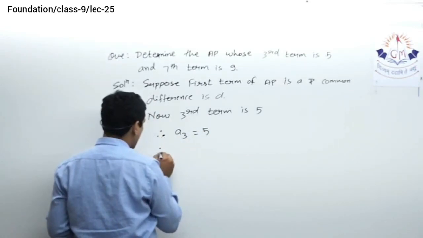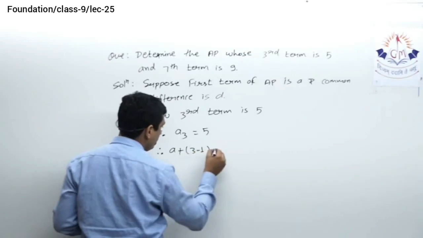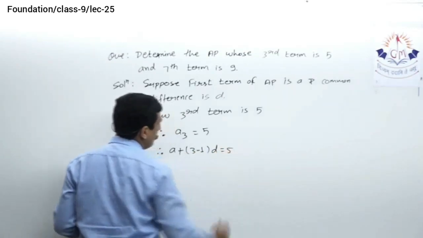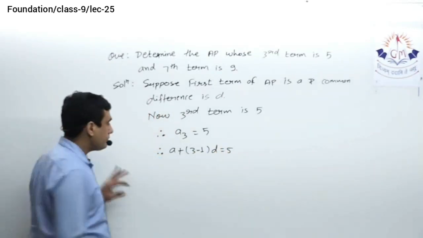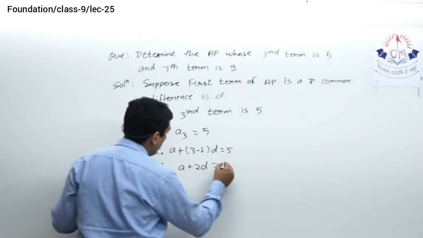Now A3 is equal to A plus 3 minus 1 into D is equal to 5, isn't it? Or I can say A plus 2D is equal to 5.